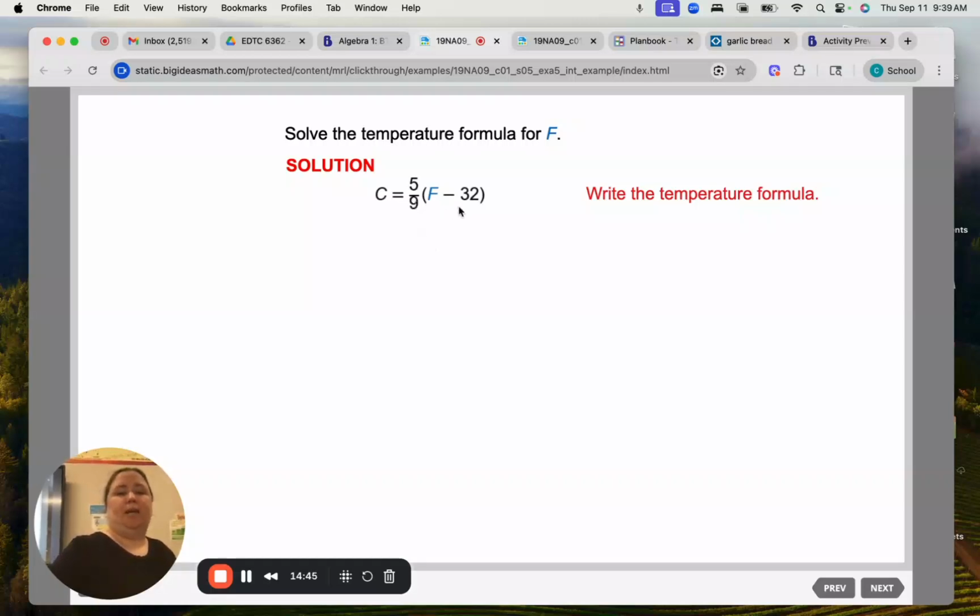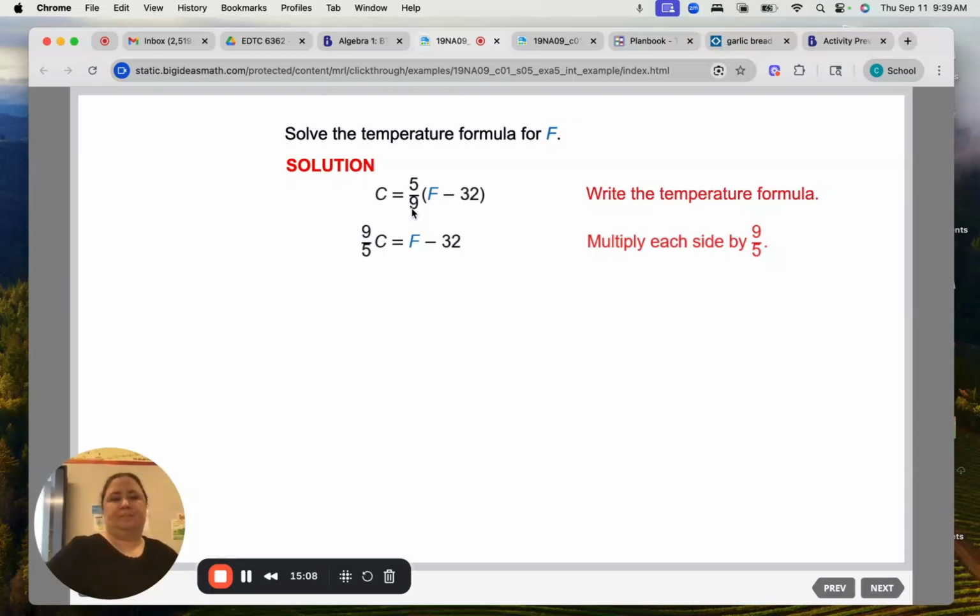So how would I move that 5/9? Divide, but when you divide a fraction, you actually multiply. Flip it and multiply. Don't forget the word flip it. You can't just multiply. You got to flip it. So you do 9 over 5 times C, and it cancels out the 5/9. So now I've been able to drop the parentheses.